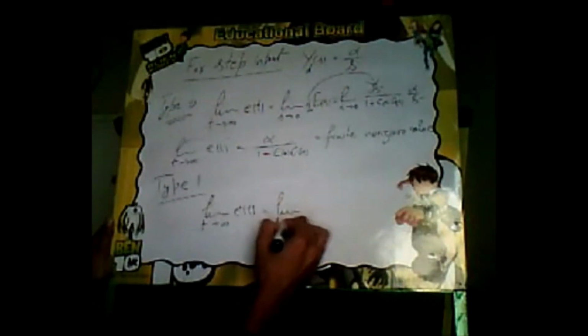For type 1 system, e of s will be s over s plus c bar g bar, and if you multiply it by alpha over s, this s will cancel out. This will be an extra s due to the type of the system. So this s, if you apply the limit, then the error will be 0.